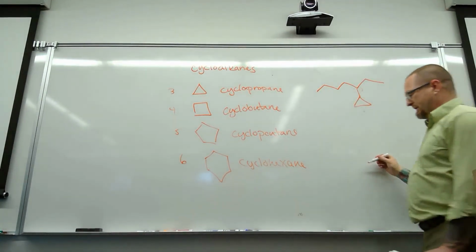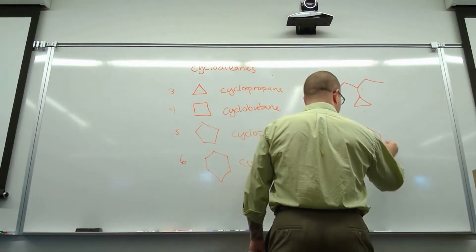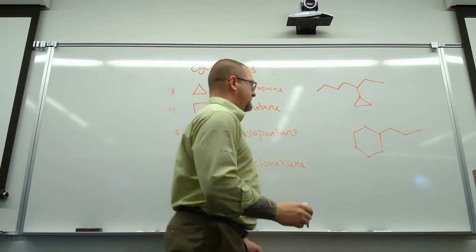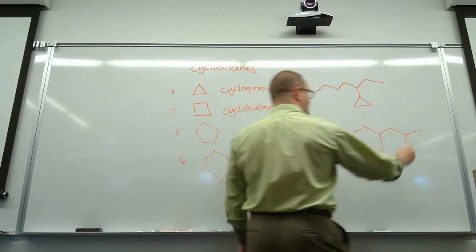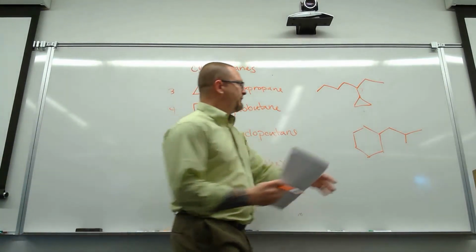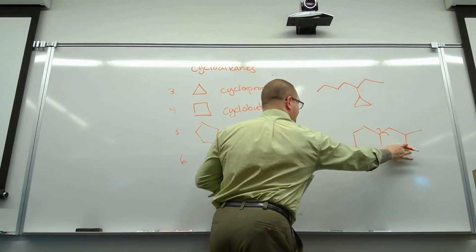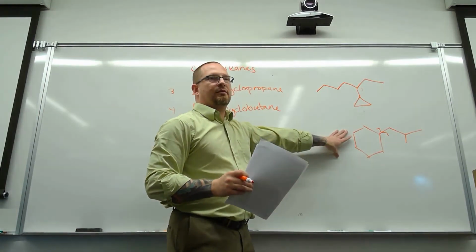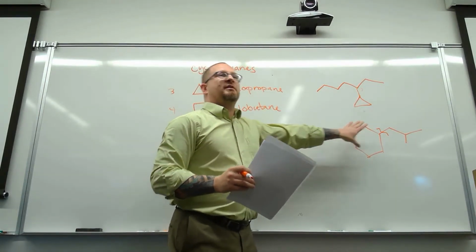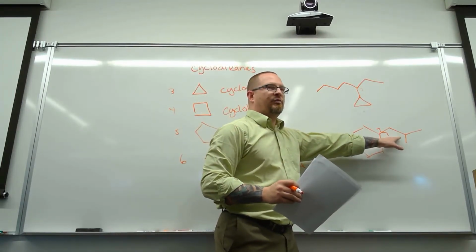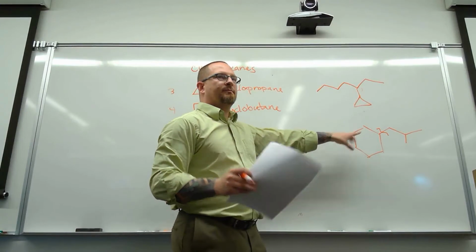If we have something like cyclohexane, 1, 2, 3, and it has an isobutyl group, because there are fewer carbons in the substituent than there are in the ring system, this will be named as a cyclohexane that's being modified versus being named as an isobutane that's been modified.